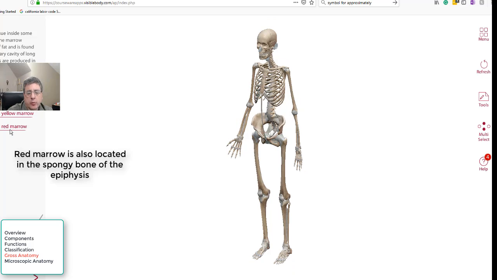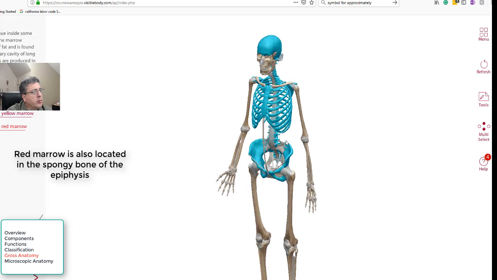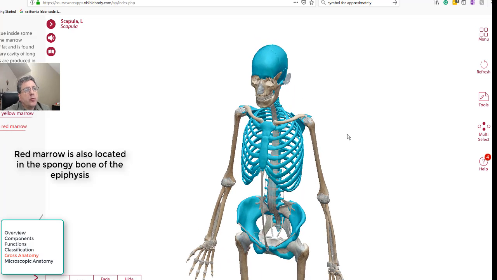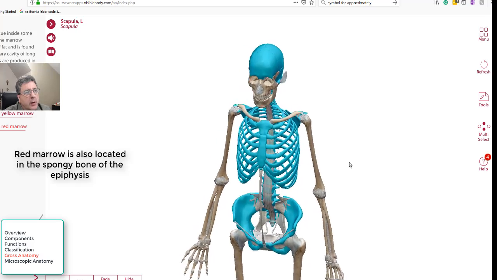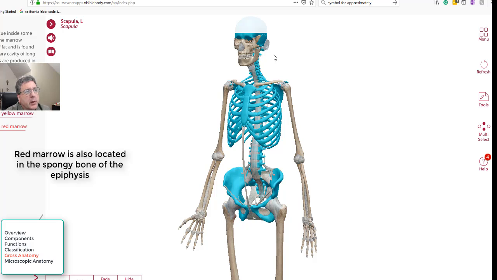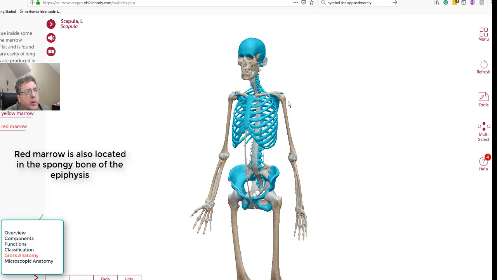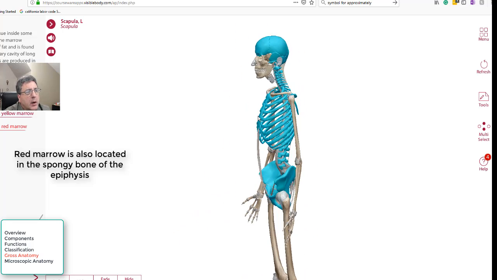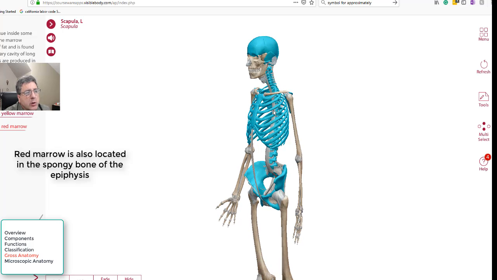So let's look at red, since we're going to be dealing with adults primarily. If we're looking at red marrow, this is where you're finding all the things highlighted in blue. This is where you find red marrow. So you're going to be looking at the flat bones of the skull. You're going to be looking at the sternum, ribs, and the pelvis.